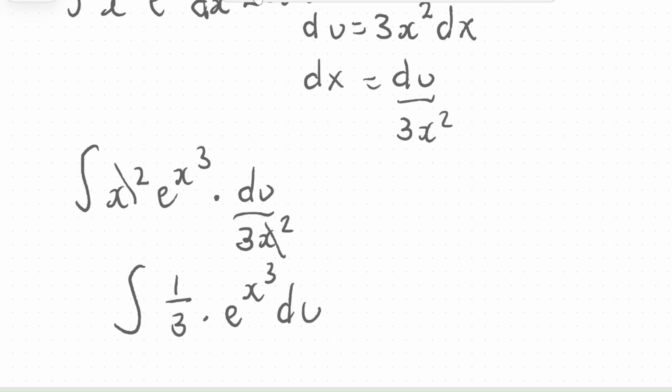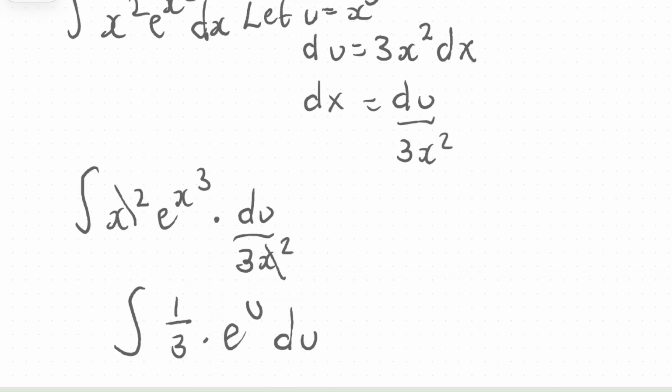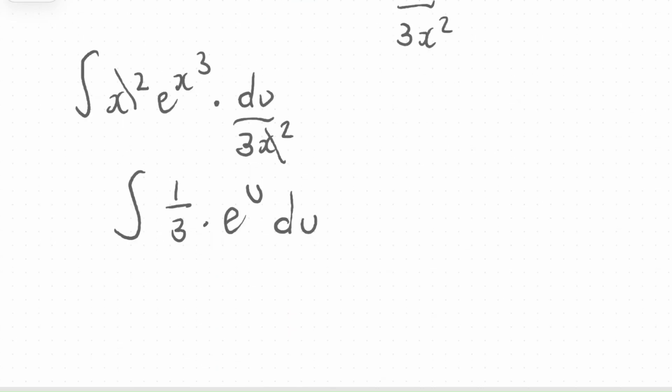And let's not forget to change the subject of the formula, right? So if we're saying e to the u du, right? Because we changed the variable, we said u is going to be x cubed. So now as we're substituting dx here, we also just need to change the x cubed for u. Wow, this looks like a simple integral.